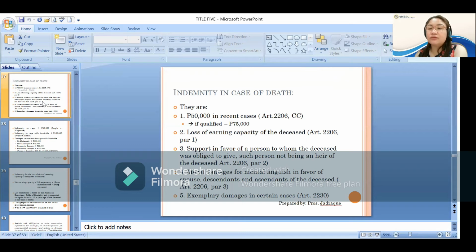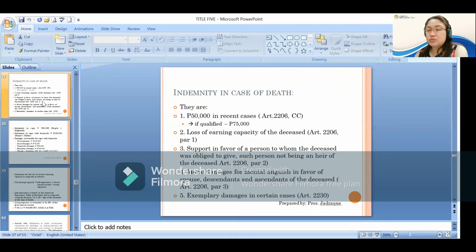But if the death of the victim is qualified, meaning to say it is attended by a qualifying aggravating circumstance, the indemnity shall be at 75,000.